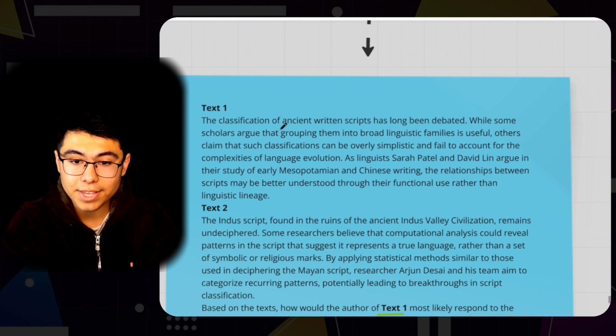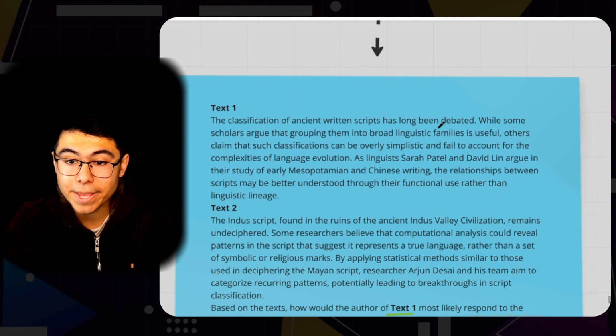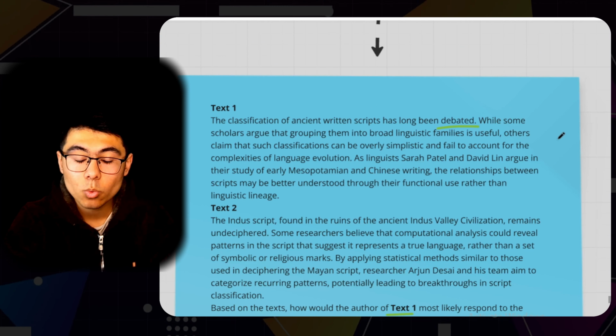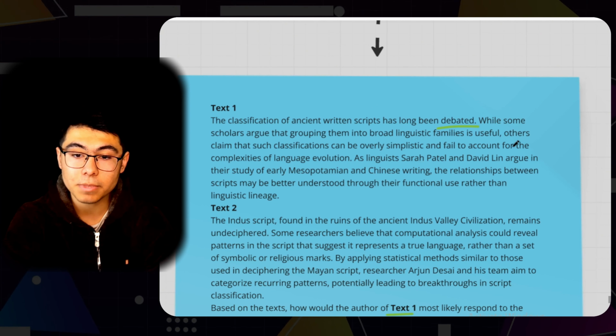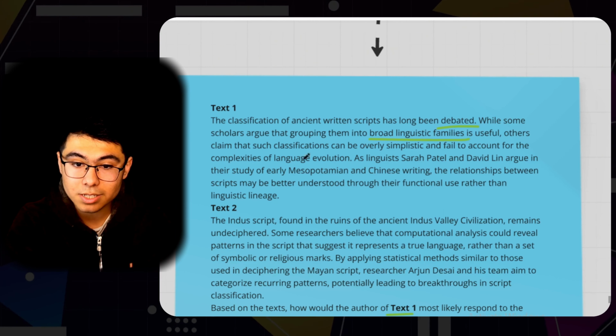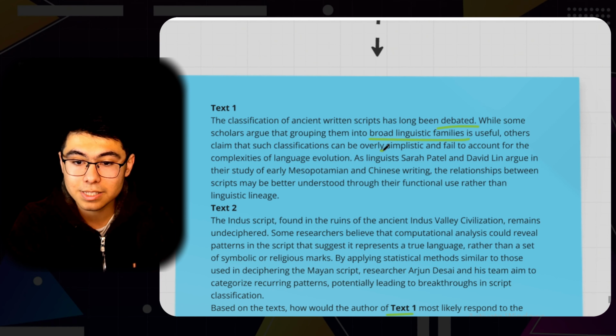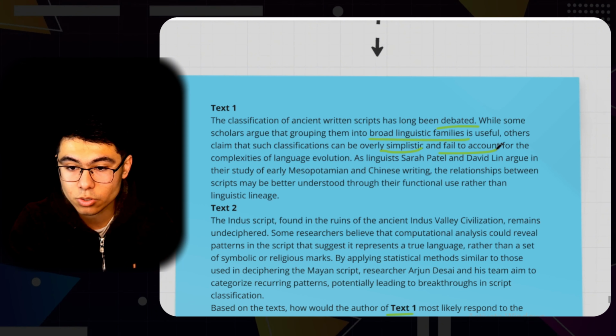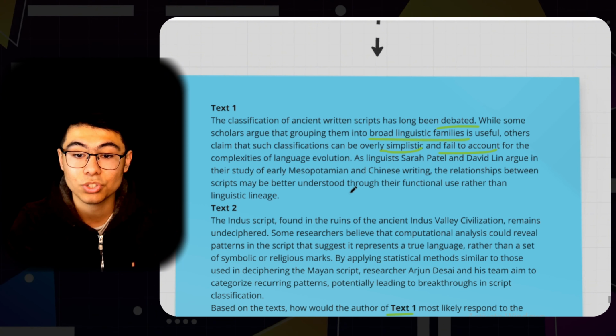The classification of ancient written scripts has long been debated. So there was a debate. While some scholars argue that grouping them into broad linguistic families is useful, others claim that such classifications can be overly simplistic and fail to account for the complexities of language evolution.